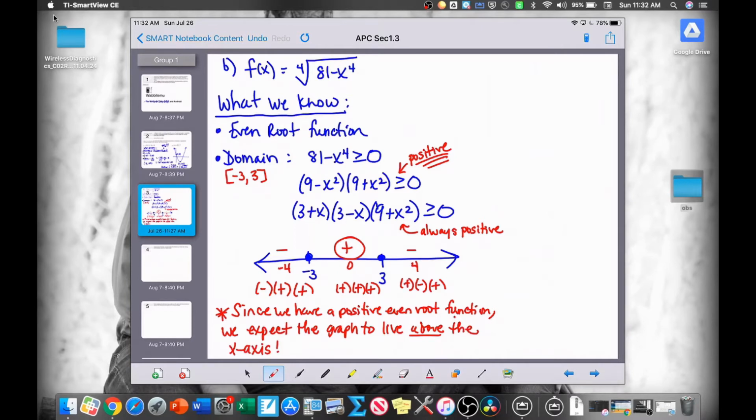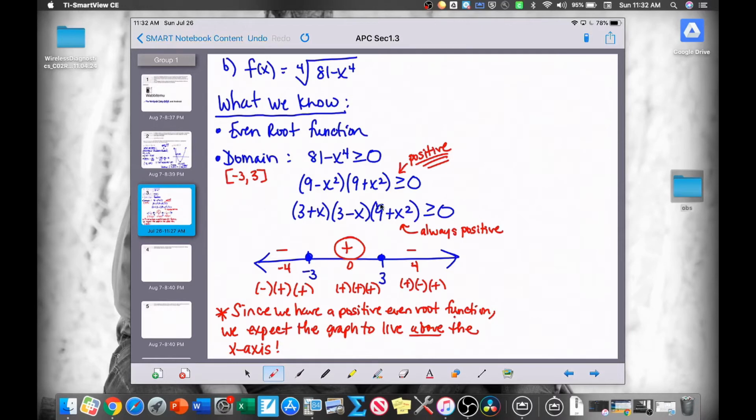All right. So thinking about what this could possibly look like, it's going to be above the x-axis, and it's going to be between -3 and +3 on the x-axis. Okay, that's where we expect to see our function.